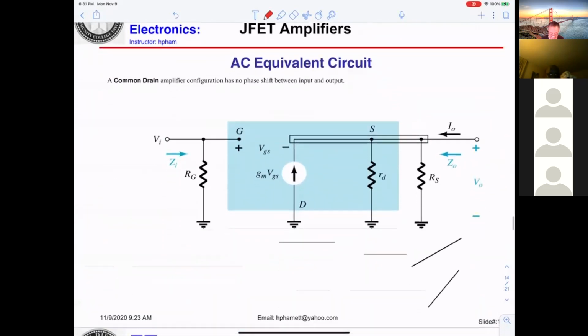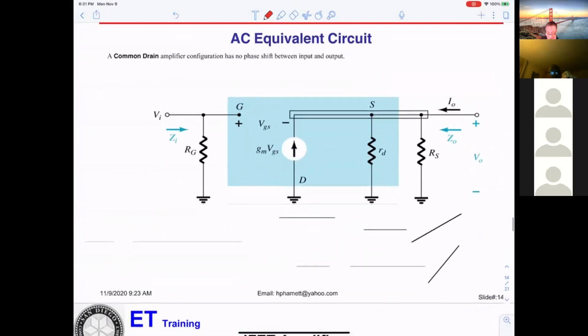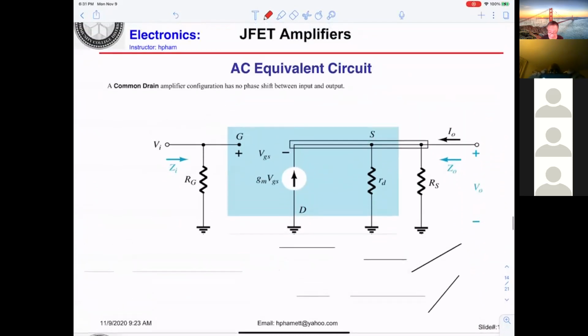Now this is the AC circuitry. In the AC circuitry, you can see the V in, that means the gate right here. That is the gate. Now they draw it opposite.